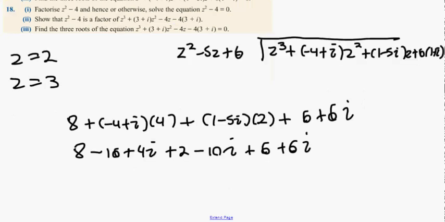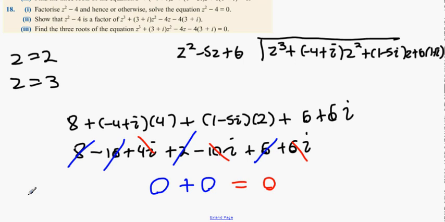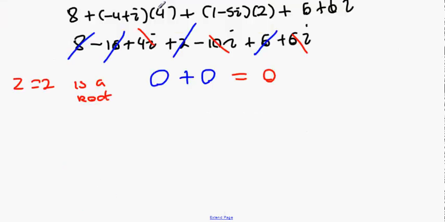Then what you're going to get is 8 minus 16 is minus 8, minus 8 plus 8 is 0, 4i plus 6i is 10i, 10i minus 10i is 0. So z equals 2 is a root. Now we need to do exactly the same thing for 3.